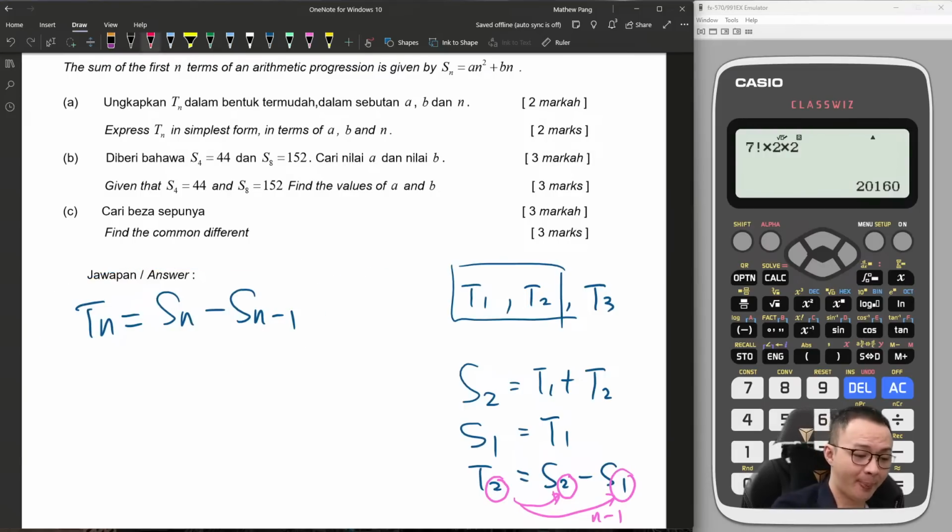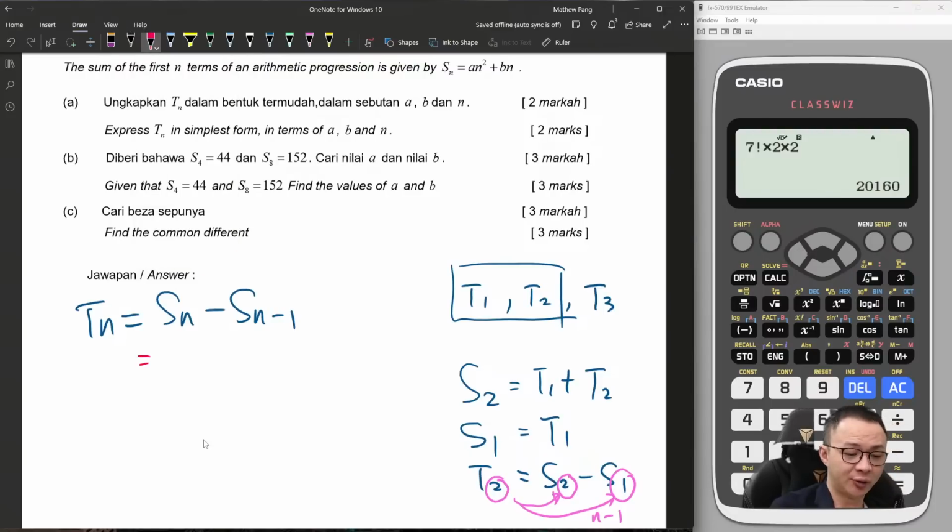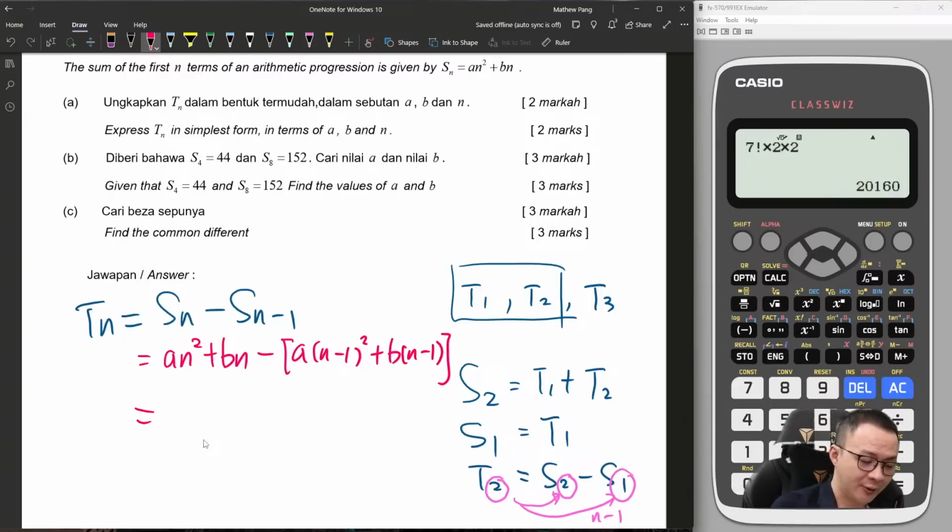So this one should be an squared plus bn minus, in a little bracket, a(n minus 1) squared plus b(n minus 1). A lot of work to do like this. Actually, we have other methods we can do, but it's fine. Here we will just expand first: n squared minus 2n plus 1.